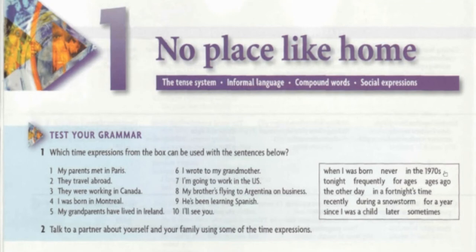Number 6. I wrote to my grandmother. The verb is in what tense? Past. Yes, past. It is also an irregular verb, from the verb write. So it's in the past. In the past, with time expressions, we use the expressions that refer to the past, like the other day.